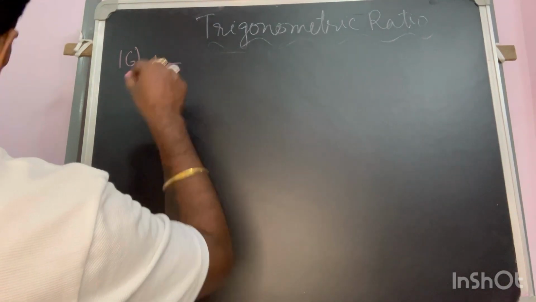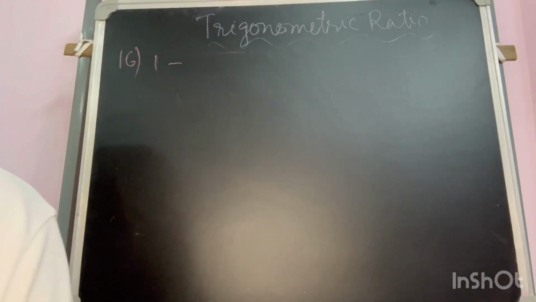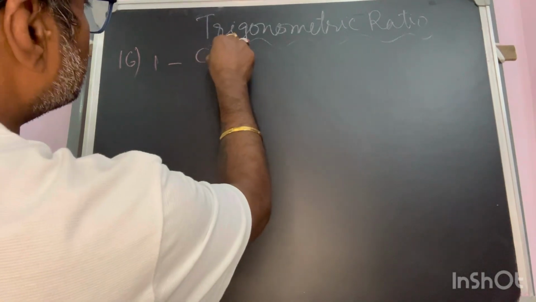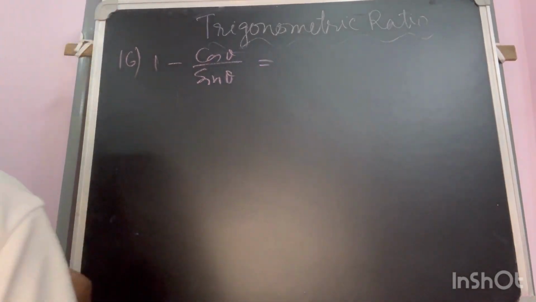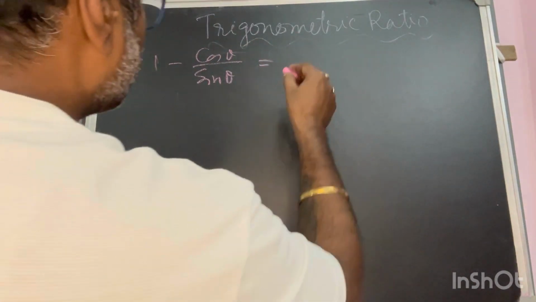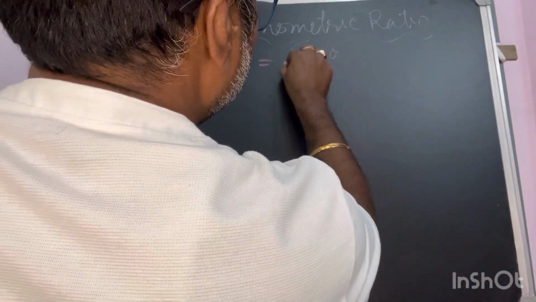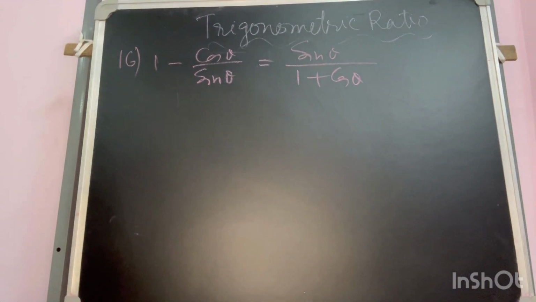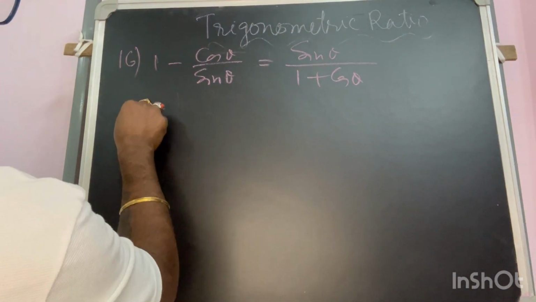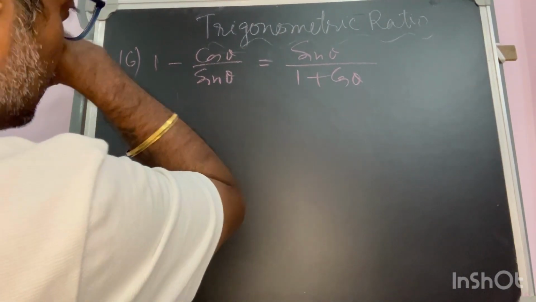16. 1 minus cos theta by sin theta is equal to sin theta upon 1 plus cos theta. Yes, starting with the left hand side.